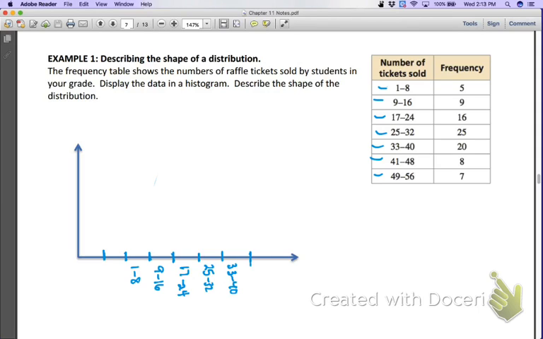Did not do a very good job. Then 41 to 48, and 49 to 56.